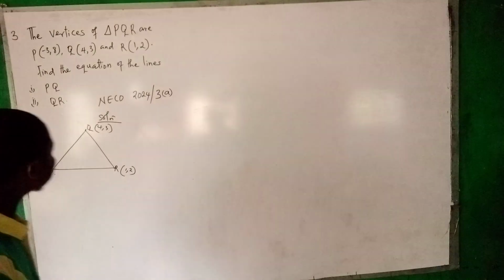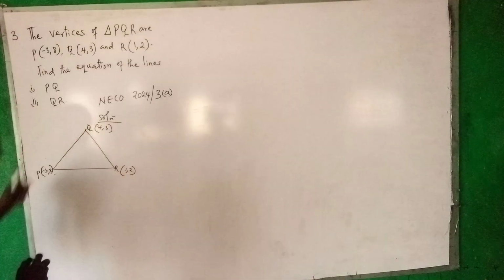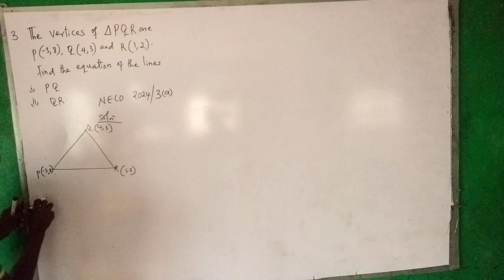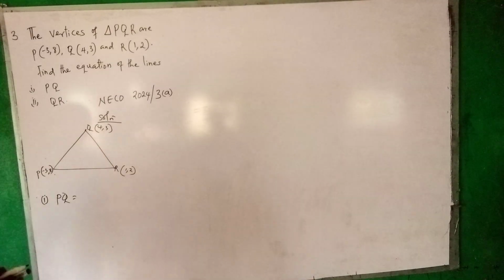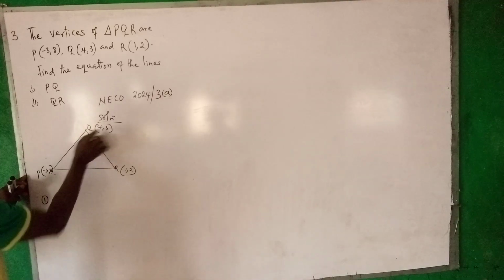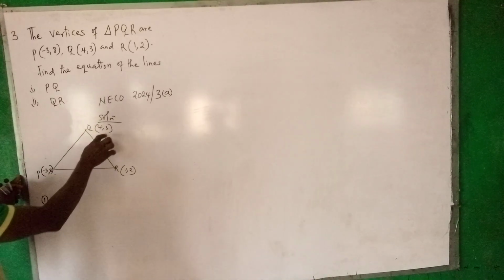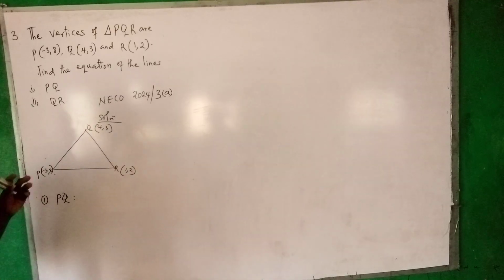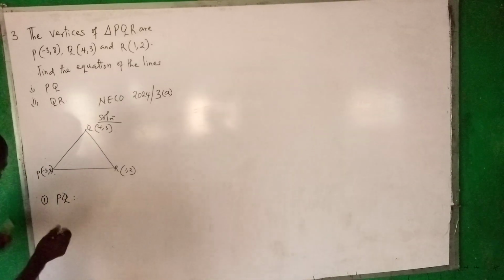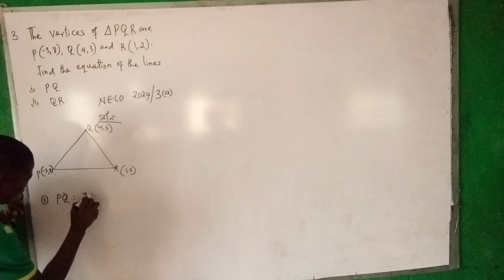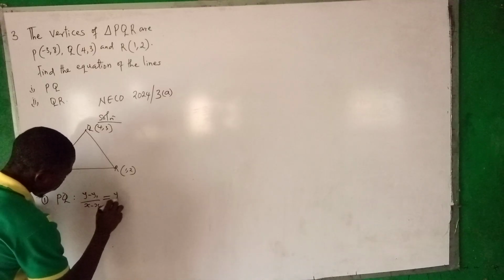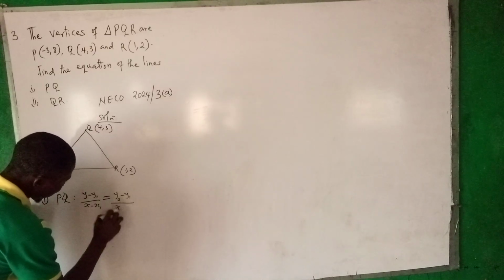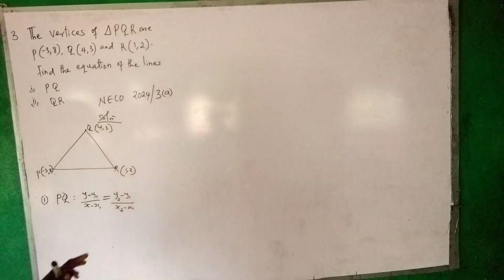So to get the equation of line PQ, for PQ, the coordinates are P and Q, and P comes first before Q. The formula, because we have 2 points, is (y - y1)/(x - x1) = (y2 - y1)/(x2 - x1). This is the formula I'm going to use.